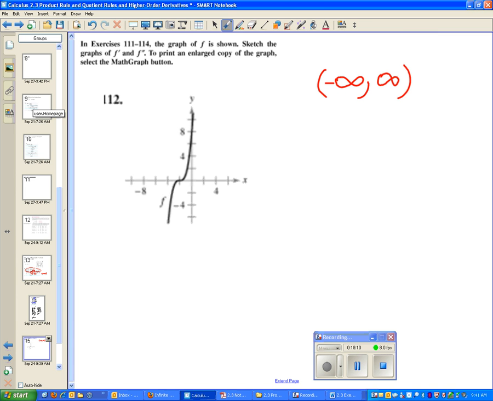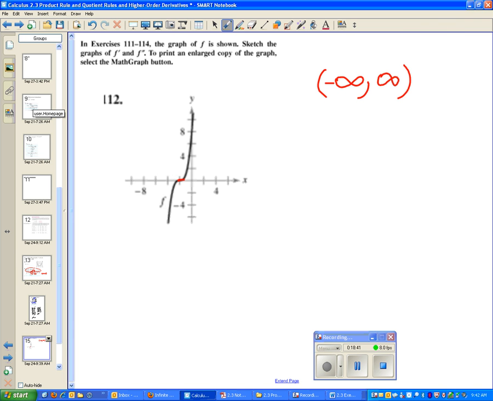Okay? Now, right here, what's f doing right there? It's going horizontally for some little brief moment in time, right? So what's the derivative of a function if the graph is going horizontally? 0. So I know that the derivative is always positive, and I know that it needs to equal 0 right there where the red is.